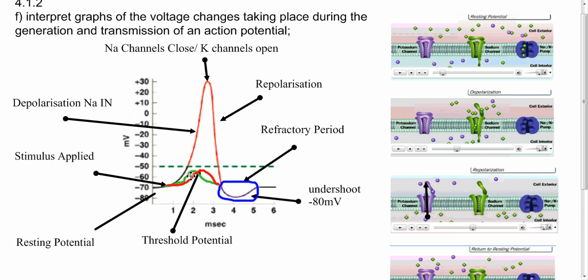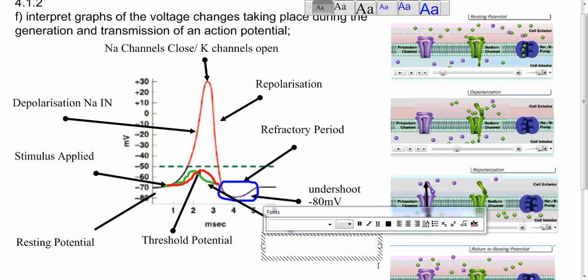And what the green and the red line that I've just added on here are what we call failed initiations. So they haven't quite reached the level that they need to in order to generate a full action potential.